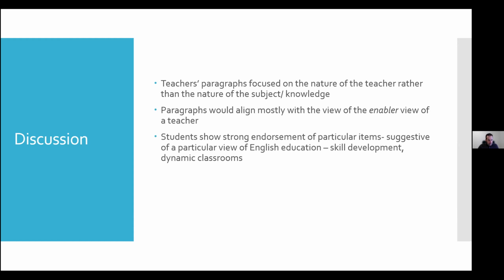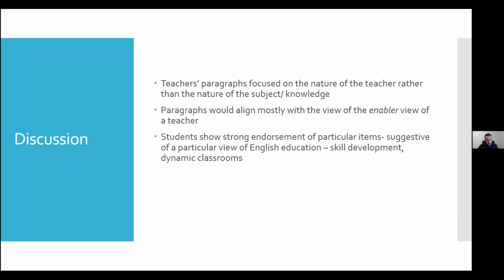When looking at students' views of the different elements, it's perhaps no surprise that they typically selected items that had a clear connection to them as students: motivating them, creating a positive atmosphere for them, encouraging collaboration and so on.